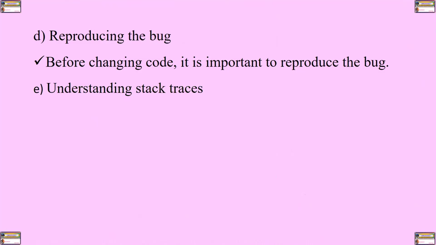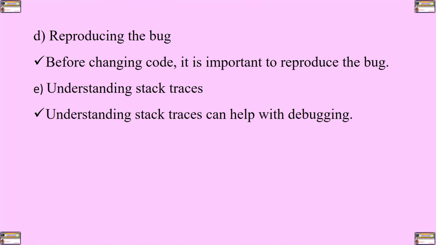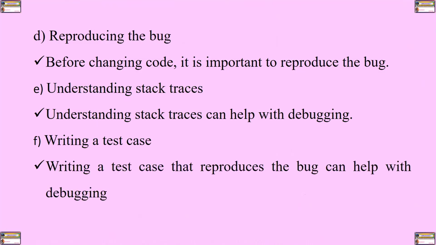The fifth type is understanding stack traces. Understanding stack traces can help with debugging. Then we also have writing a test case. Writing a test case that reproduces the bug can help with debugging.